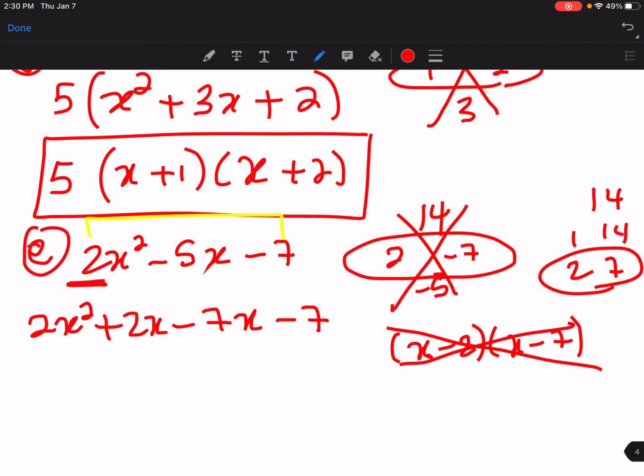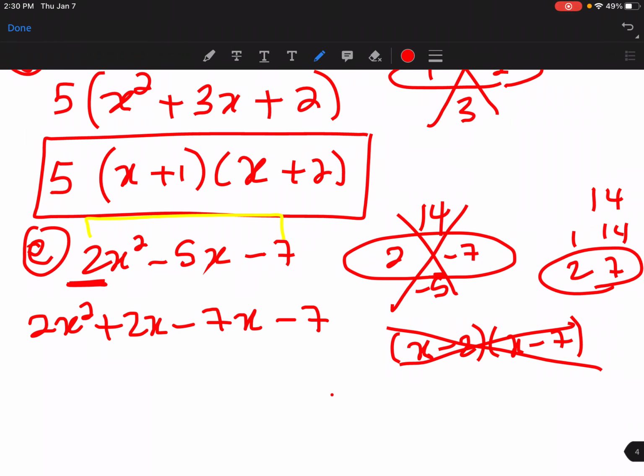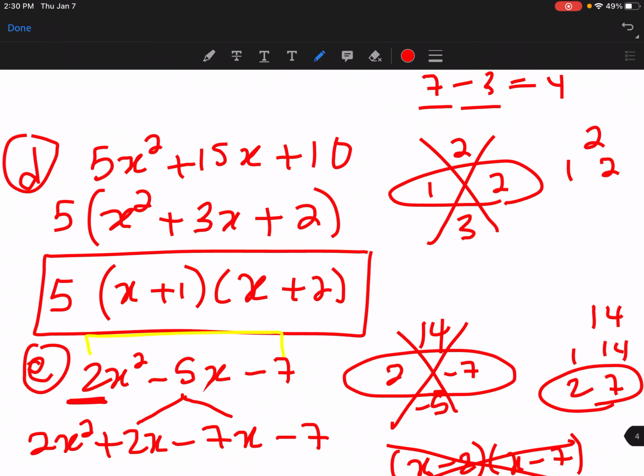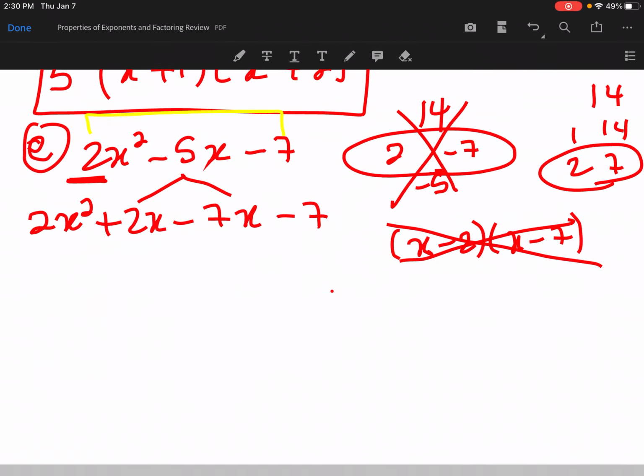And we can see here that my 2 and my 7 give me 2 minus 7, which gives me negative 5x. Once we do that, we will have to factor by grouping.